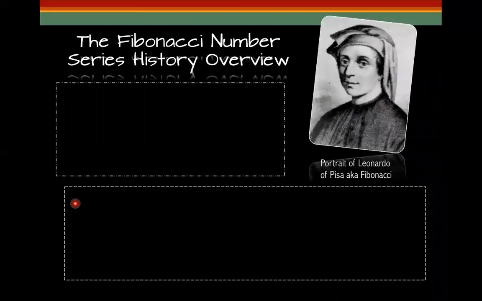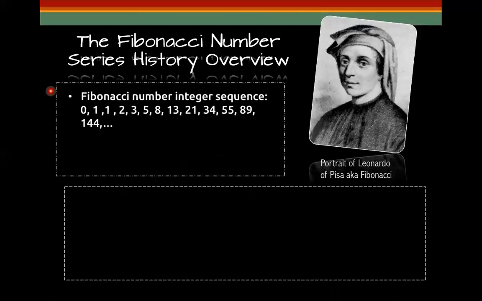All right, the Fibonacci number series history overview. Here we have a portrait of Leonardo of Pisa, one of the main portraits that we find on the internet of him. It was actually made by a medieval artist, so we don't even know how accurate it is.